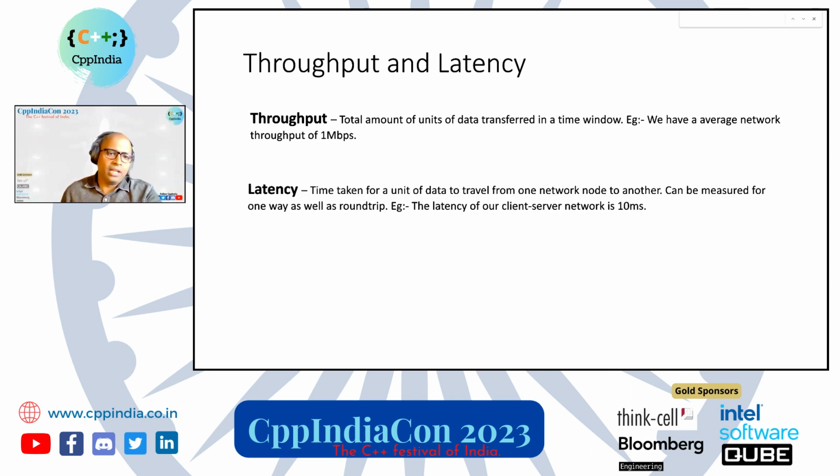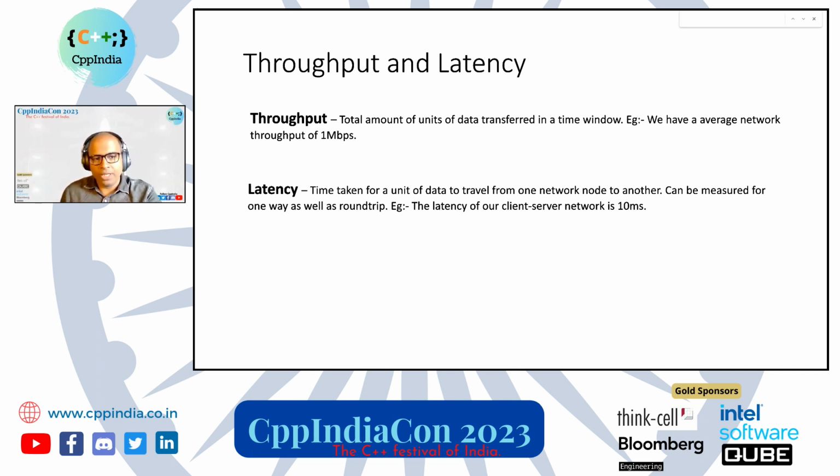Now, latency. In some contexts, fast means low latency. Latency, again as an informal definition, is the time taken for a unit of data to travel from one network node to another. This unit of data could be your UDP packet, or it could be your request.